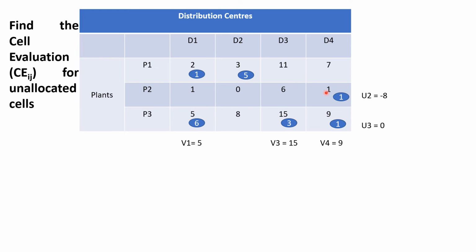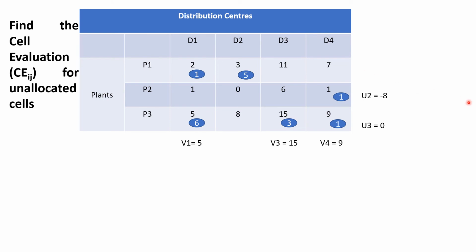Now, how to get the values for this? If both the values are not known, I will not be able to calculate. So first I have to get the value for u1 using this cell, because this is an allocated cell. So u1 plus v1, sorry, v1 equals 5, right? So u1 plus v1 equals 2. So if v1 is 5, what will be u1?